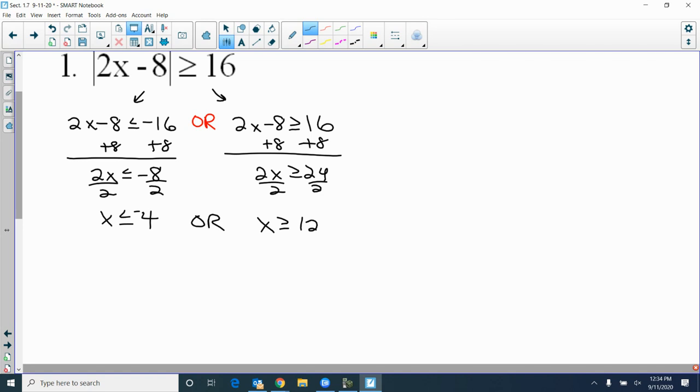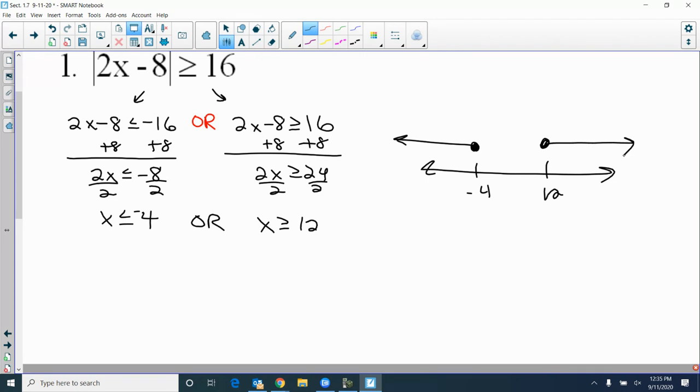I need it in the simplest form. If you need to graph it, you can, but I still need your interval notation answer. Now I'm going to graph it just so I have a visual. -4 is here. Less than or equal to means it goes to the left from -4. Here's 12, closed dot, to the right.